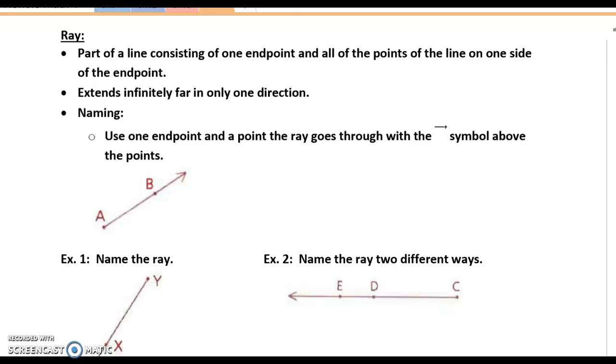And here is the ray symbol, like an arrow. So if I want to name this ray, I'm going to start with the endpoint. The endpoint is right here. And then I'm going to go towards another point on the ray, and that would be towards B, and there's my ray symbol above it. That's a ray, ray AB.